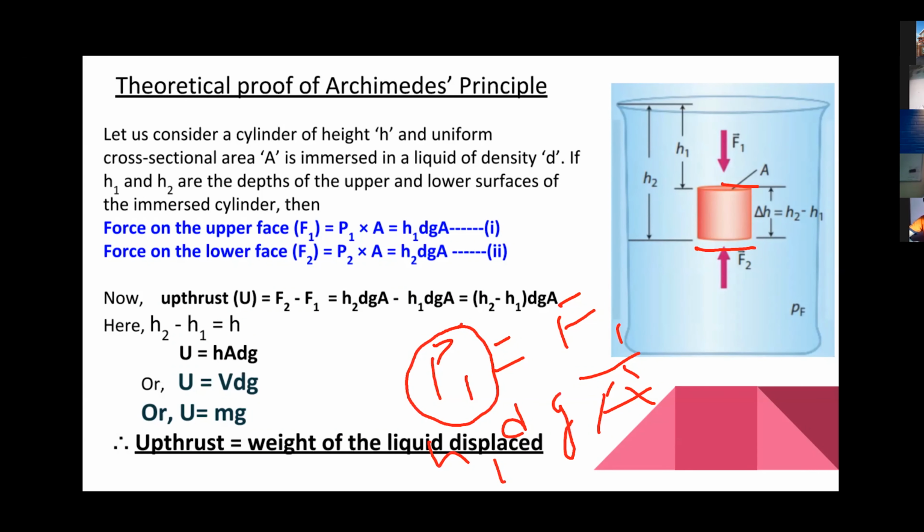The liquid pressure is given by hdg, and pressure P1 is exerted on the upper face, and up to the upper face the height is H1. So P1 is H1dg, and the force on the upper face, shown in blue color, F1, is given as P1 into A, which is replaced by H1dgA.